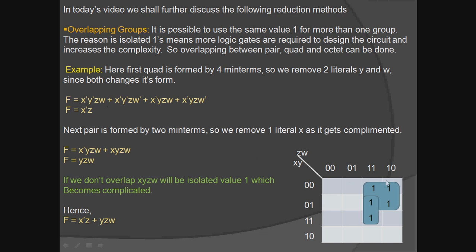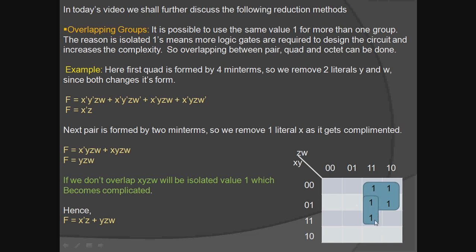Here you can see the first block diagram is a quad, and the second one is a pair, right? In a quad you have four variables, this and this, and in a pair you have two variables, this and this.